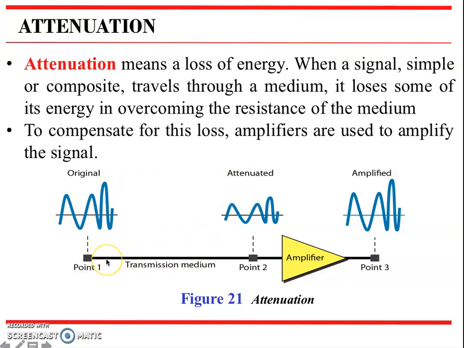During the transmission, dia akan ada resistance, mungkin electrical signal yang akan berada during this transmission, so dia akan mengganggu kita punya signal. So bila sampai kat point tu, bentuk dia dah turun sikit, the loss of energy. So apa yang kita boleh buat, point 2 ke 3 ni we can put this amplifier. So basically what is the function of this amplifier? So kita nak refresh balik so that we can get the original signal balik dekat point 3 ni.